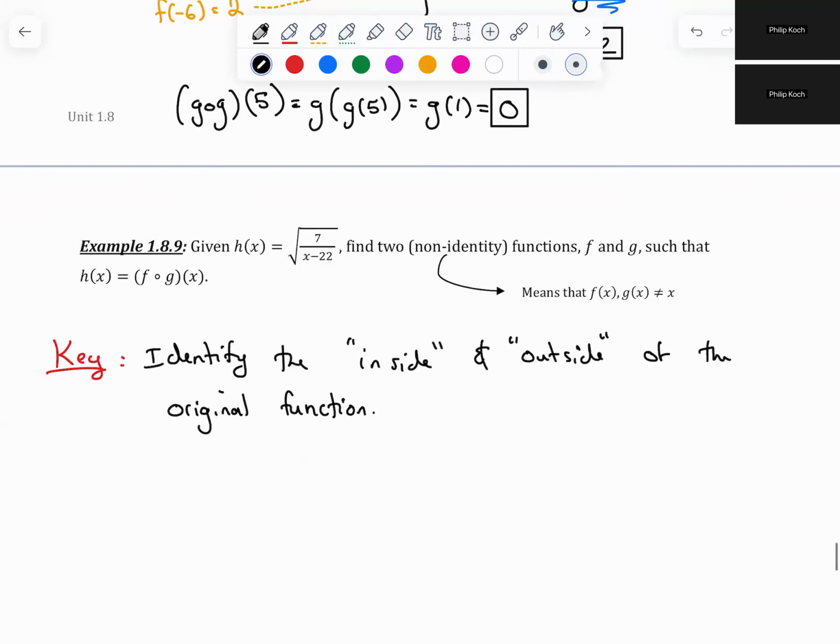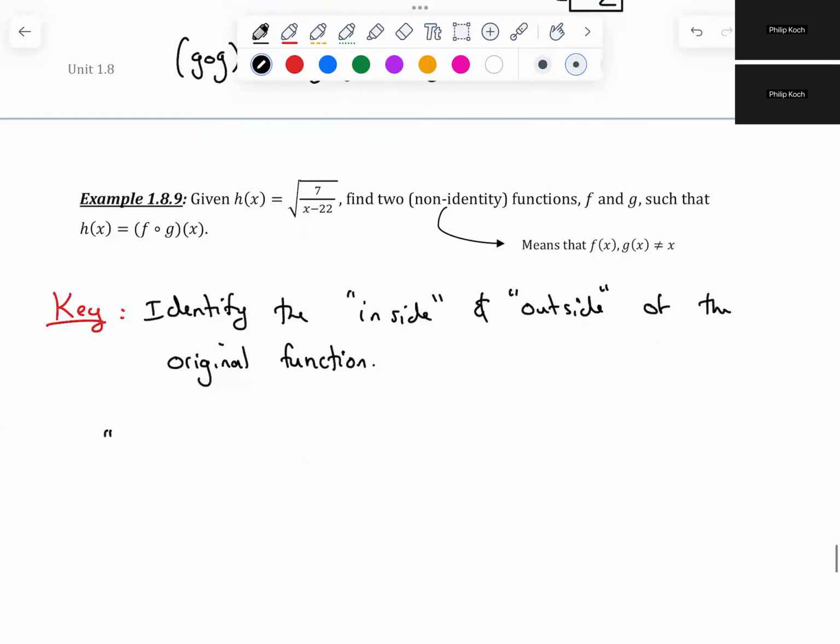So what is the quote unquote inside of h? It's the thing inside the square root. So it's 7 over x minus 22.